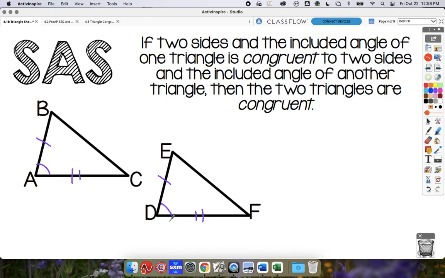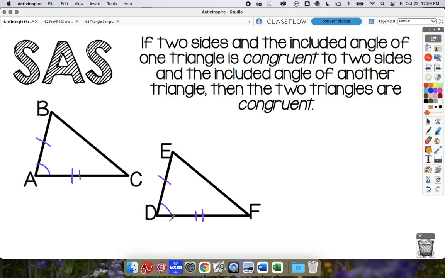Does that make sense? So right now I know that AB and DE are the same size, and AC and DF are the same size. And I know angle A and angle D are the same size. Once I have that information, I can assume and I know that this side is the same as this side, even though it's not marked. Those are the 2 we learned yesterday.